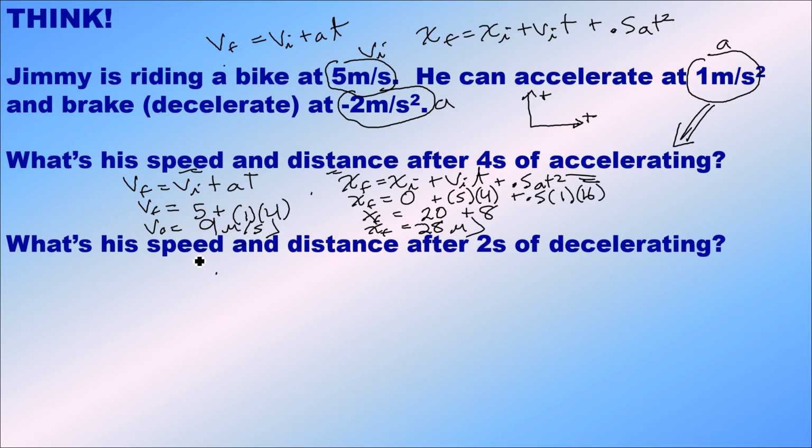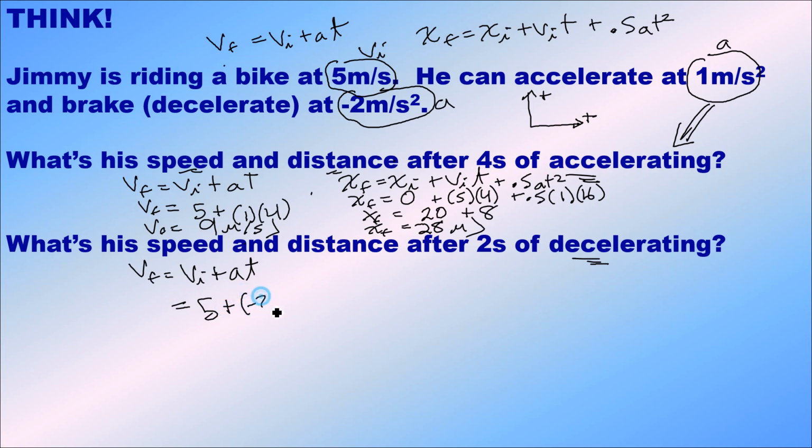Now, if we look at the next part, it asks for his speed and distance after 2 seconds of decelerating. So we're going to assume that we're going off of our initial conditions, so we're still at 5 meters per second, but instead of using this 1, we'll use this -2. So his final velocity is initial plus at. His initial velocity is 5.